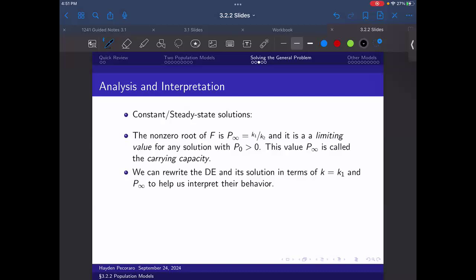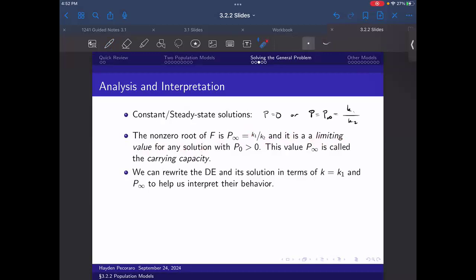What are our constant or steady state solutions? We've got P equals 0 or P equals P infinity, K1 over K2. That's what's written down here. That is the limiting value. If you have a population that's between 0 and that limiting value, it will try to increase according to this model towards the limiting value.